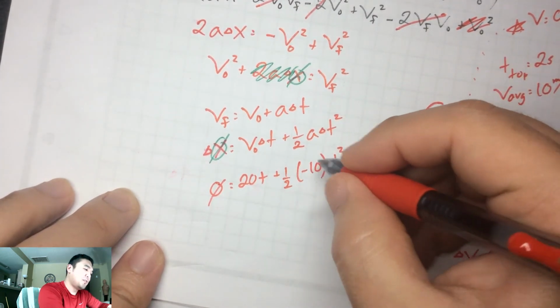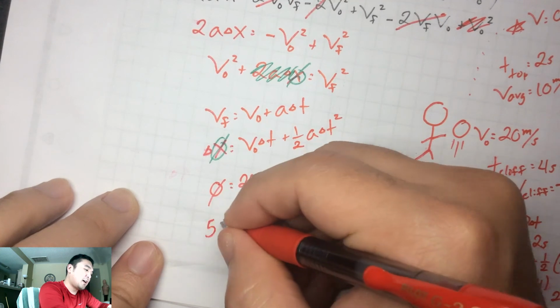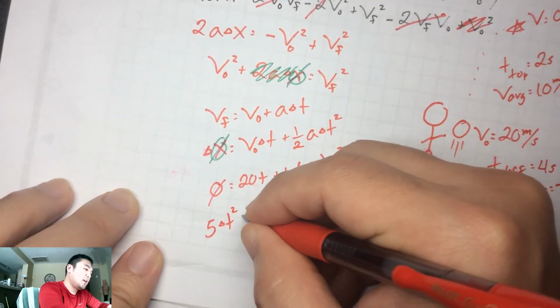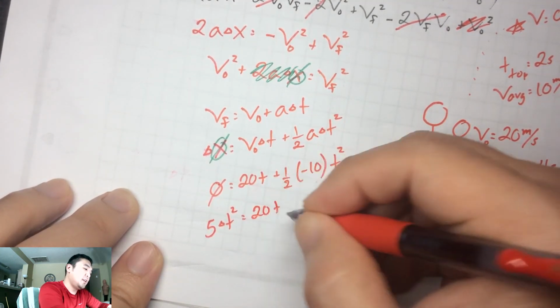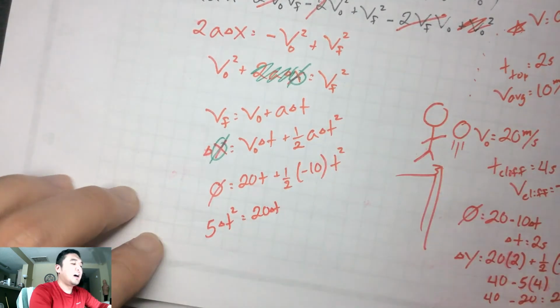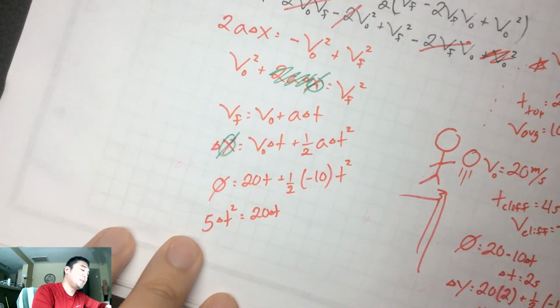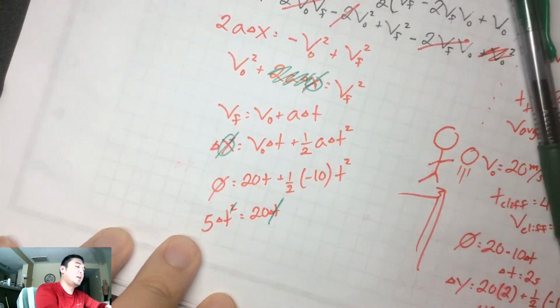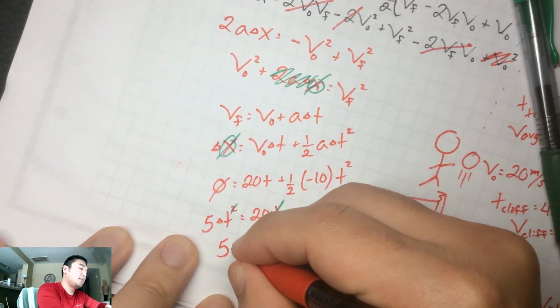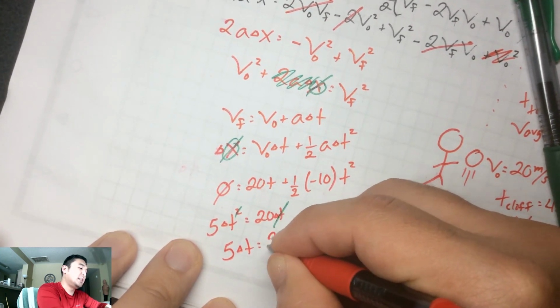And so let's move this whole term over. So we have 5t squared is equal to 20t. And then you think, well, how do you solve that? Well, you're forgetting we can just divide both sides by t. So, divide both sides by t, just 1t. And we get 5, change in time is equal to 20.